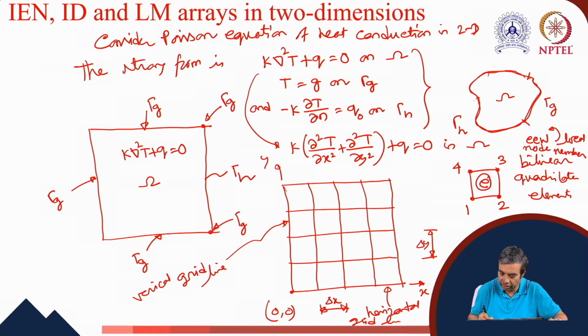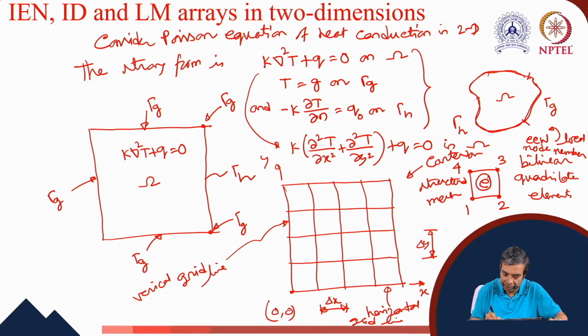The picture which I am showing here is a case of Cartesian structured mesh. Now, in this case, we have used 5 vertical lines and 5 horizontal lines to construct the mesh so that we have total 25 global nodes.